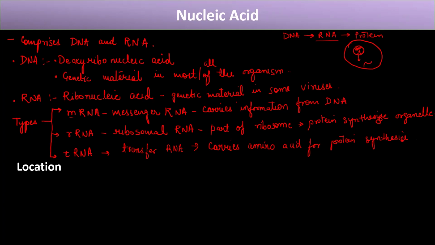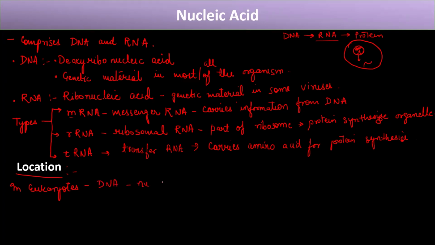So the nucleic acid comprises DNA and RNA. Now, if we talk about the location of this DNA and RNA, in the case of eukaryotic cells, the typical diagram is this only. We have the nucleus, and the DNA is present in the nucleus.